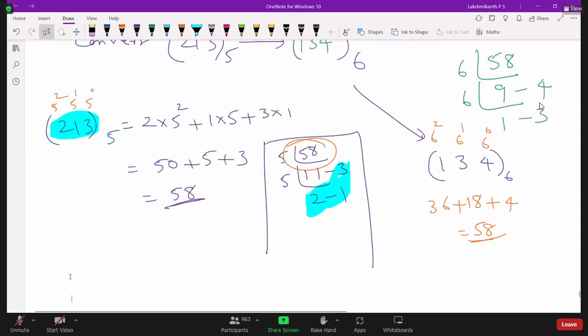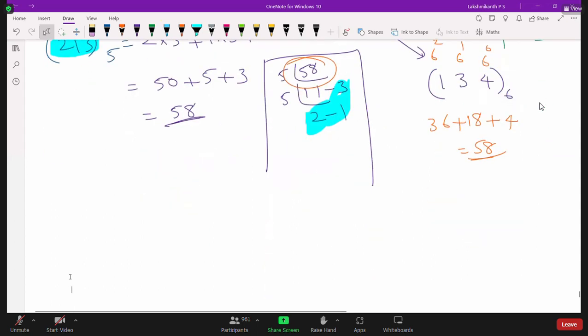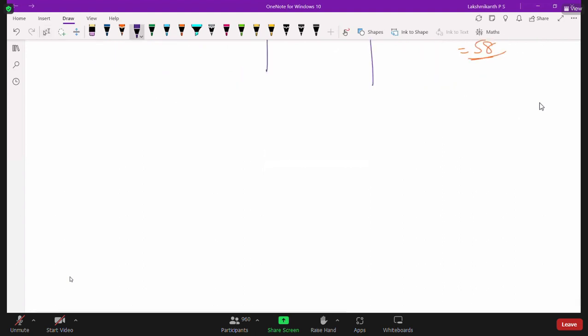Now here one more important point you need to understand. See, for example, let us take base 5. Base 5 means what? Digits should be from where to where? 0, 1, 2, 3, 4 only.